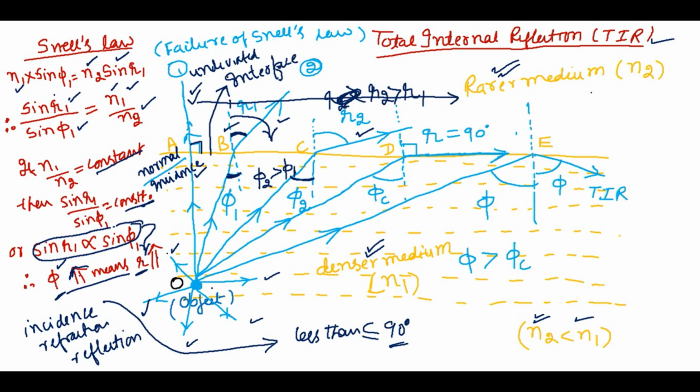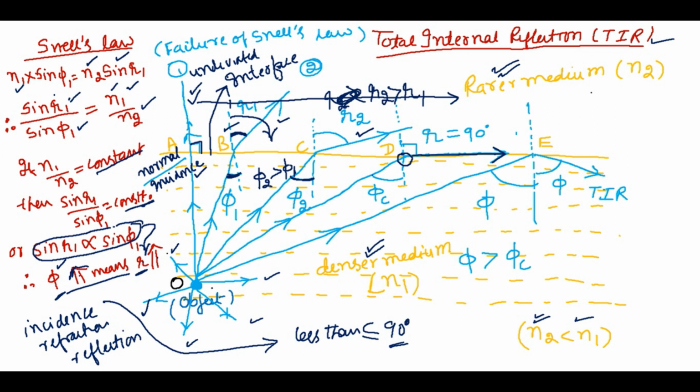We must reach a point, such a point I have designated in this figure by D, where the ray of light will travel exactly parallel to the interface between water and air after refraction. Such a point where the refraction will produce a ray traveling parallel to the interface is called the point of critical incidence.